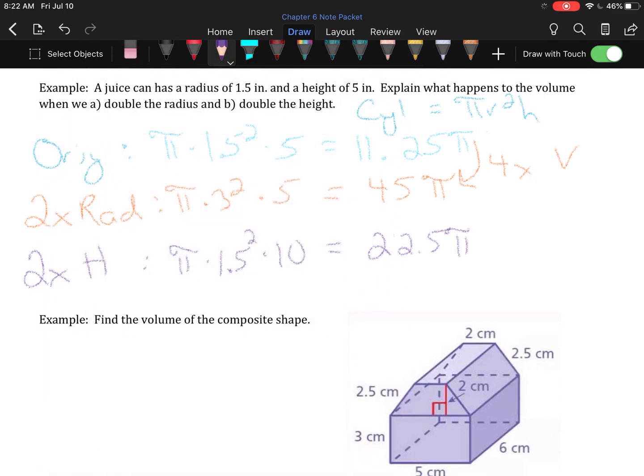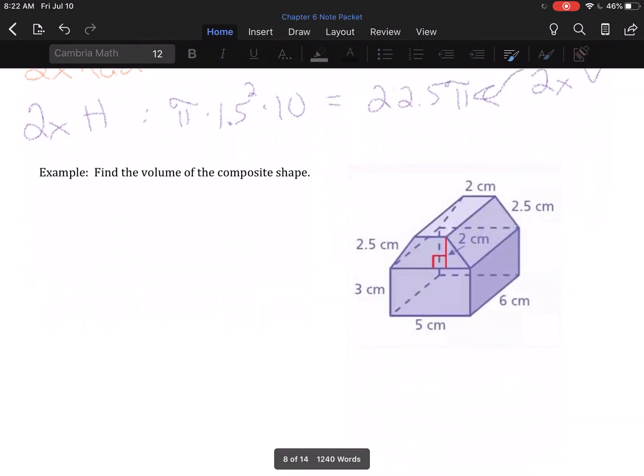When I doubled the height, I actually only doubled the volume. This is because when I double the radius, you have to remember that we're then going to square that value. And that's what causes the more significant change in messing with the radius versus messing with the volume.